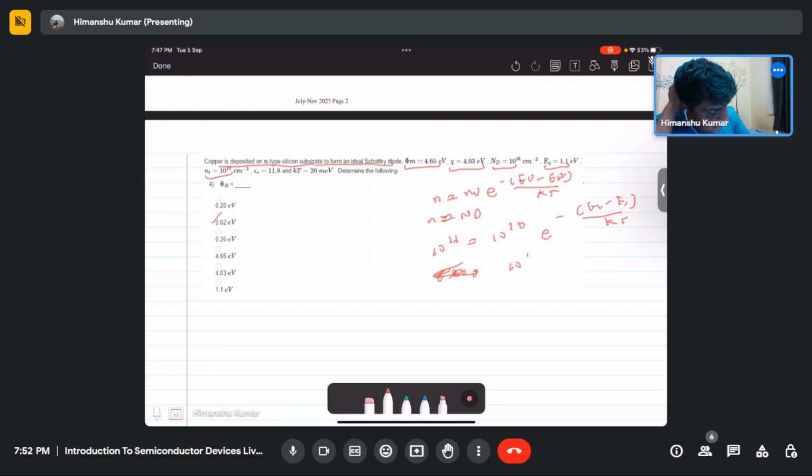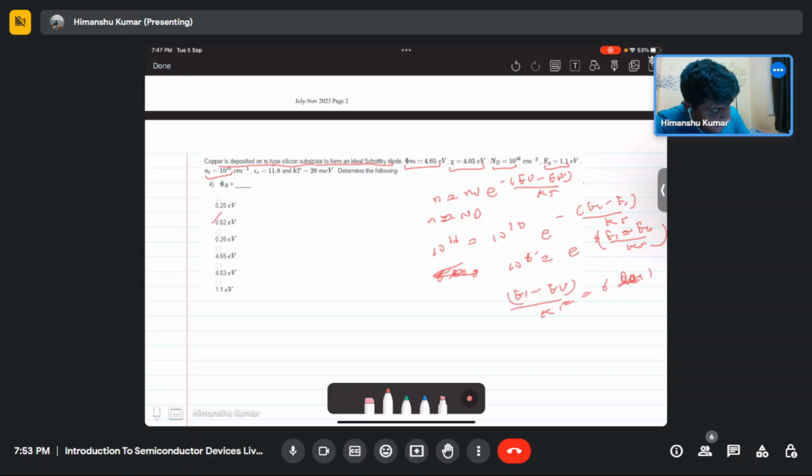So this will become 10 power 6 equals exponential of (Ef minus Ei) by kT, reversing the sign. Taking log of both sides, Ef minus Ei by kT equals 6 times the natural log.